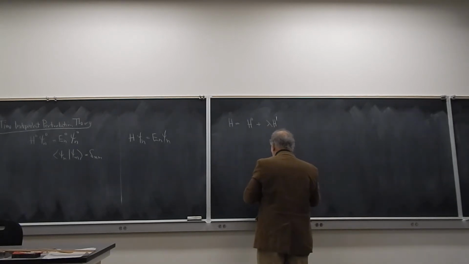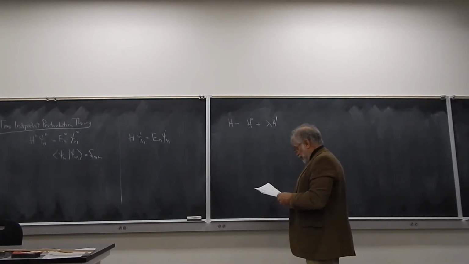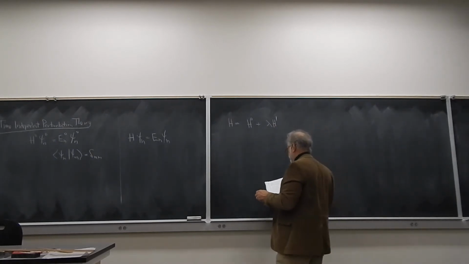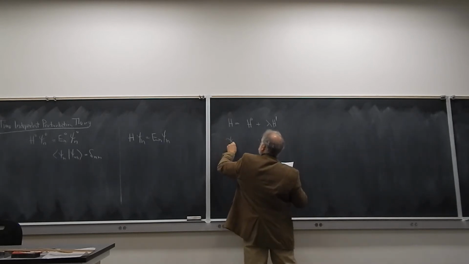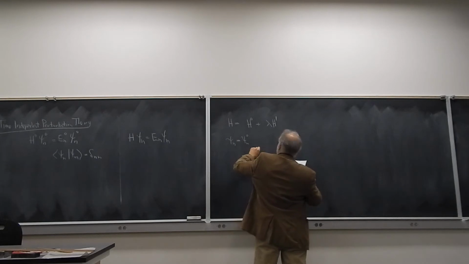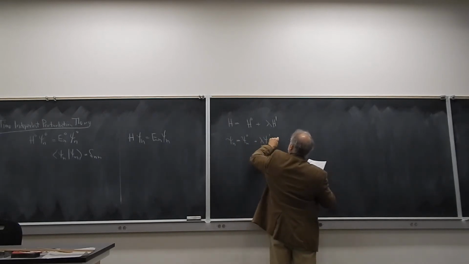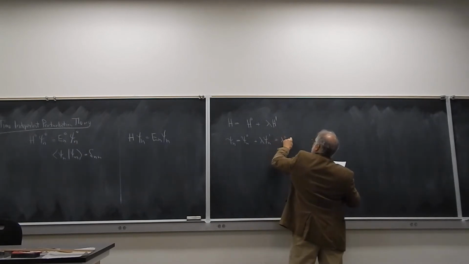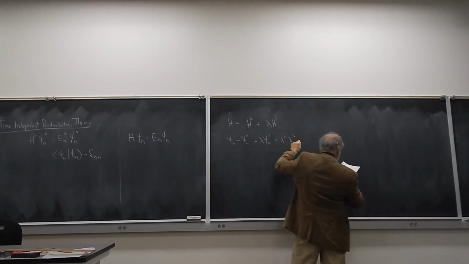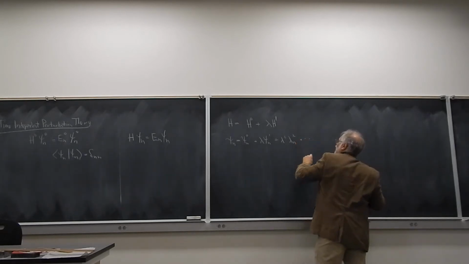So we're going to write psi sub n and E sub n as a power series in lambda. I'm going to write psi sub n as psi n0 plus lambda psi n1 plus lambda squared psi n2, and on and on.